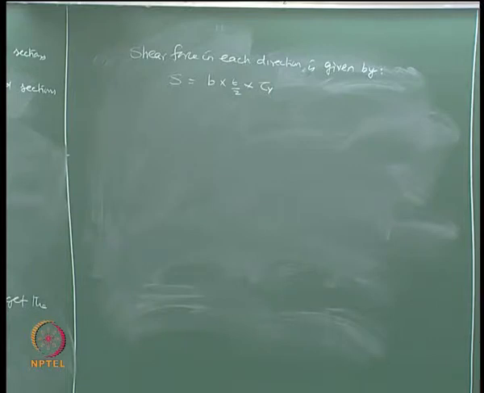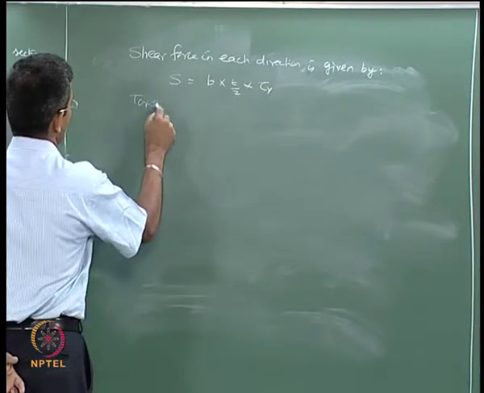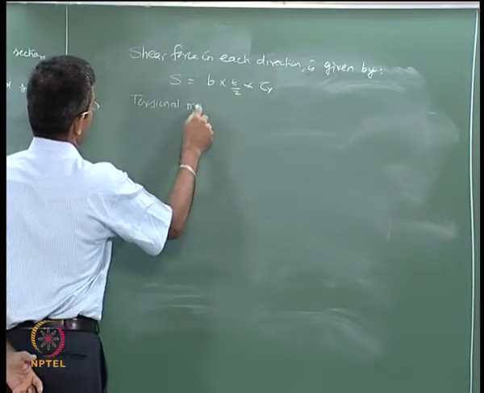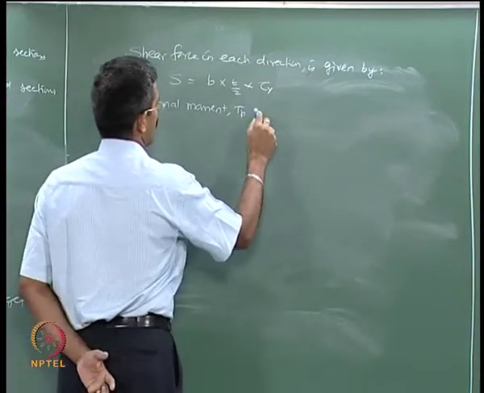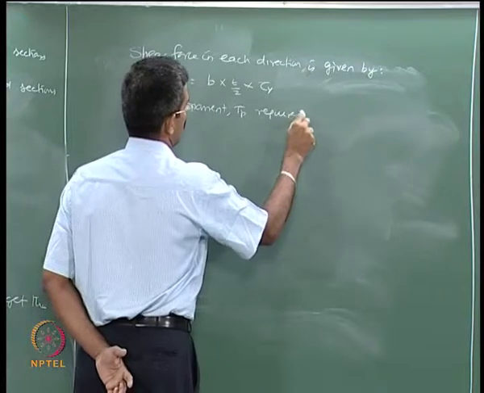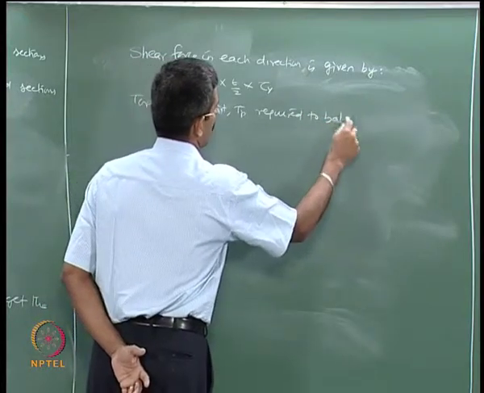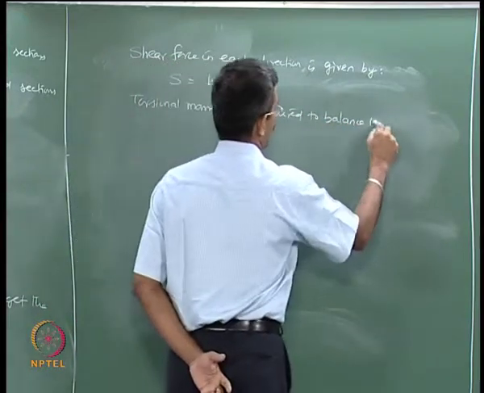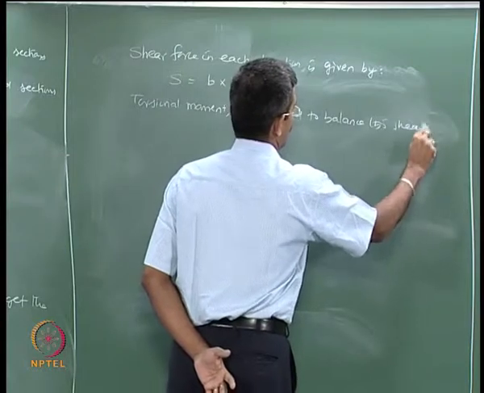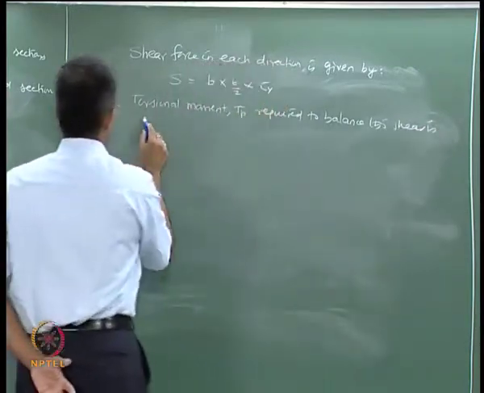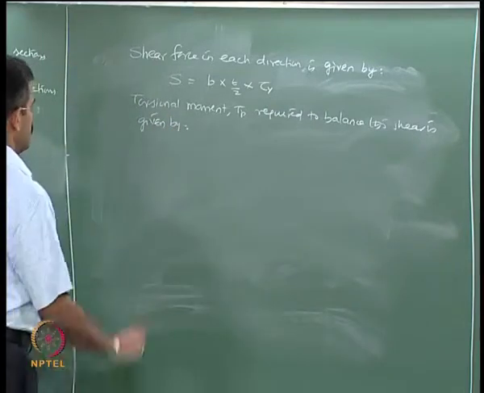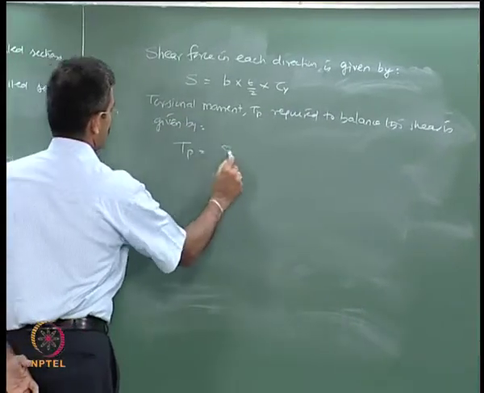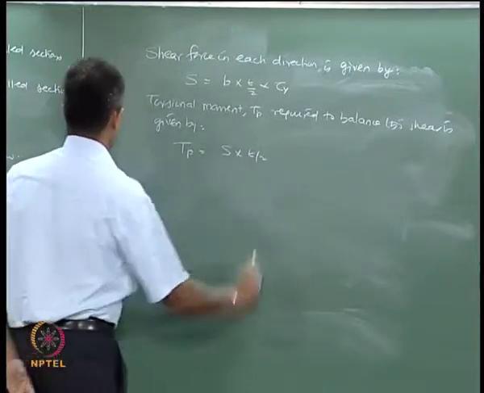The torsional moment Tp required to balance the shear is given by Tp nothing but S into T by 2, is it not?